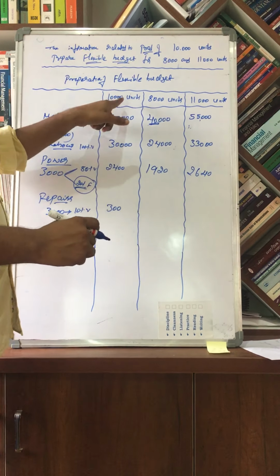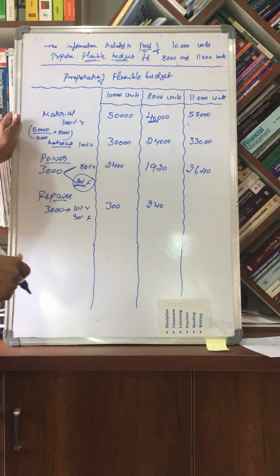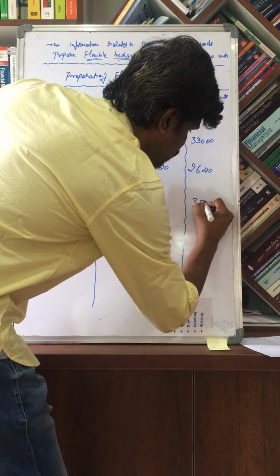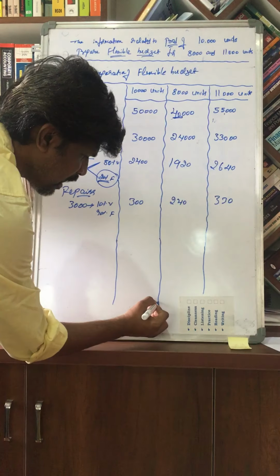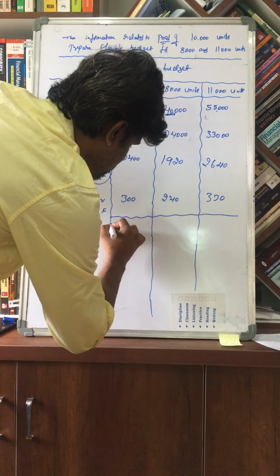If it is 300 for 10,000 units, what about 8,000? This comes to 240 rupees. If it is 300 for 10,000, what about 11,000? It is 330 rupees. This is variable. We have to calculate the fixed now. We can add the total variable cost.